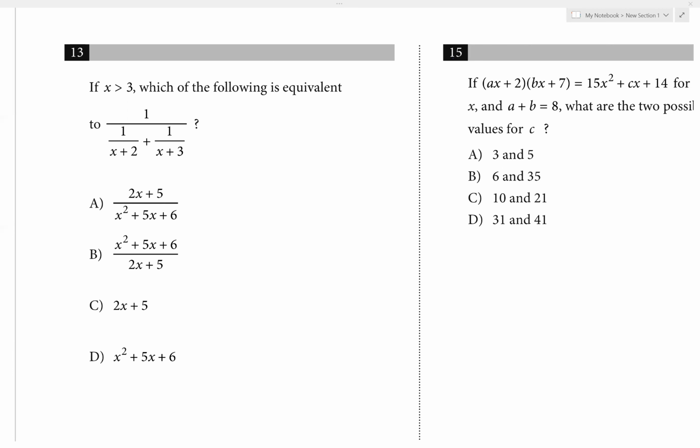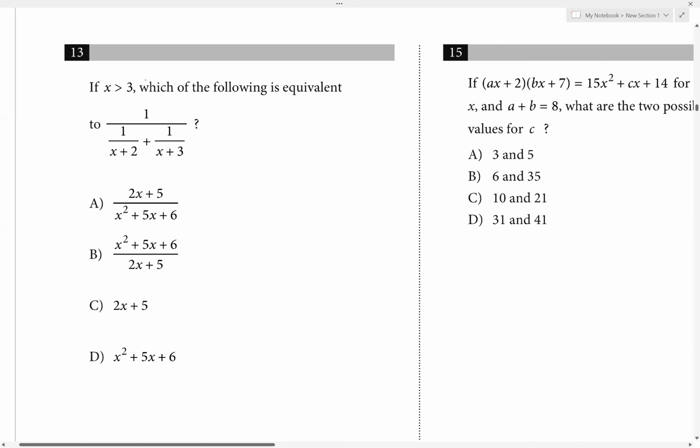So one approach, if you're not sure exactly where to begin or how to solve algebraically, since x is greater than 3, you can pick any number greater than 3, like 4 or 5, whatever number you want, but preferably not a number too big, because it'll be difficult to solve.